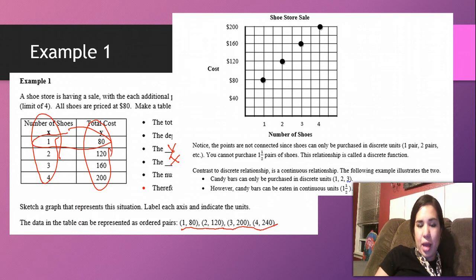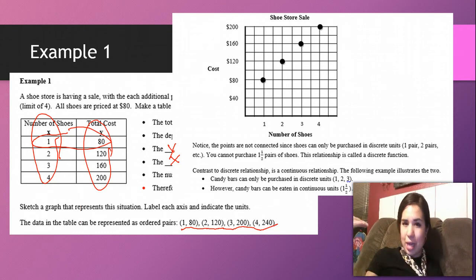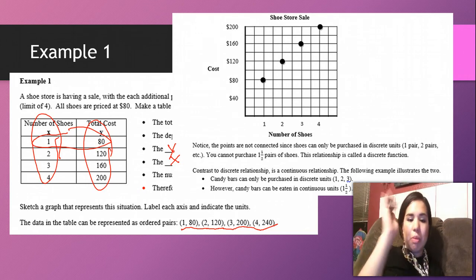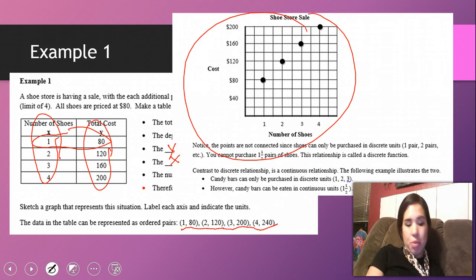So you can't buy half of a shoe, right? That's why they're saying that we can't connect the points to make a line, because you can't say, oh, I'm only going to have 2.5 shoes, please. So that's why we made it separate, and we plotted each of those points. So this is the graph that matches the table that we came up with.